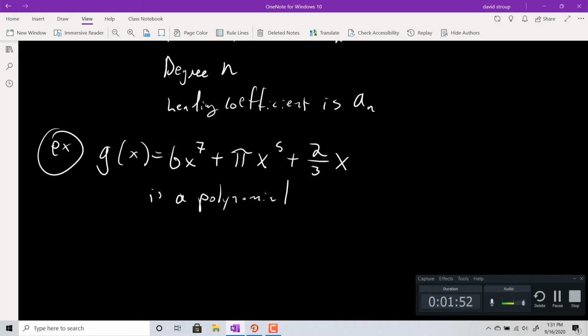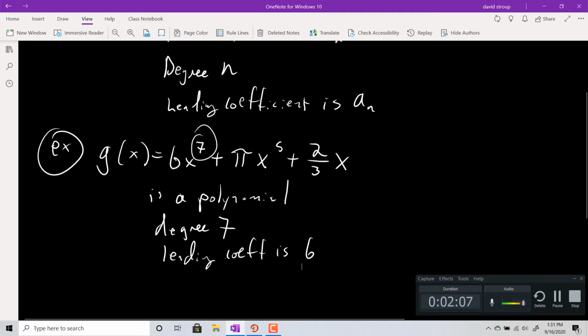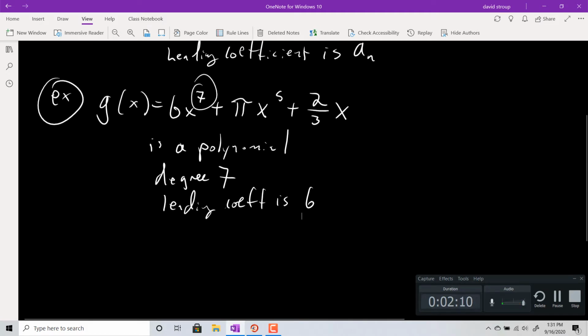Its degree is 7. You just look for the highest exponent. In this case, it's 7. And then the leading coefficient is 6. Don't let that pi distract you.